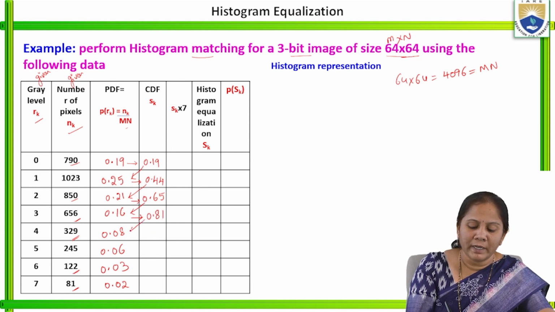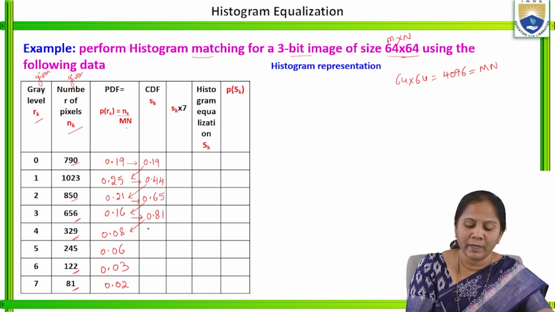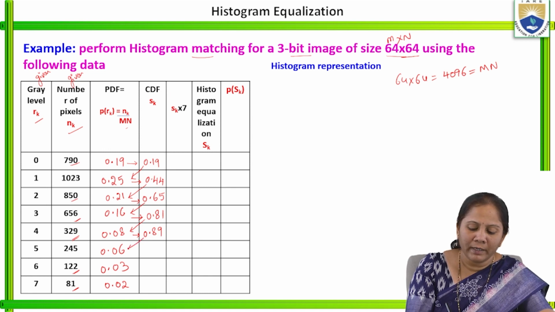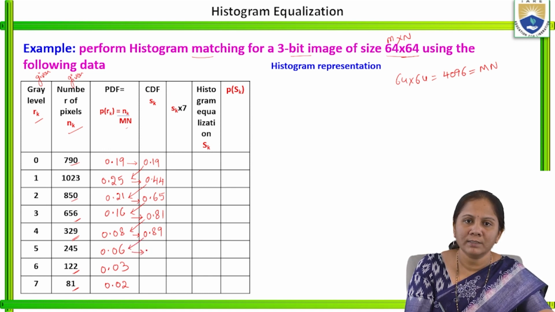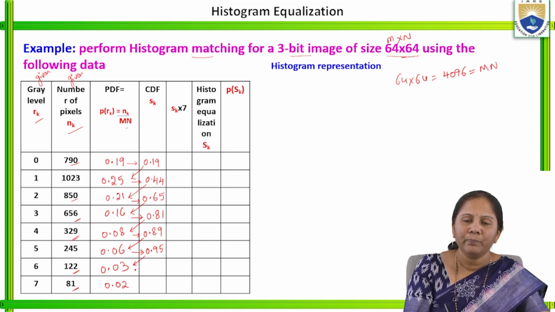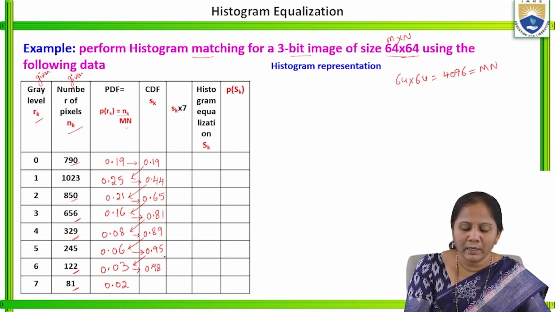Next, 0.81 plus 0.08, the value is 0.89. And 0.89 plus 0.06, the value is 0.95. To get the next value, 0.95 plus 0.03, the result is 0.98.